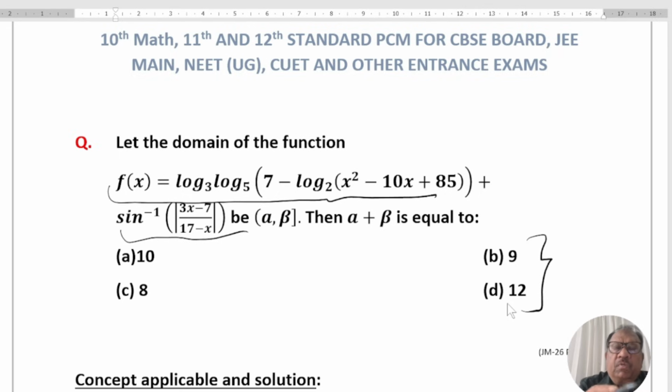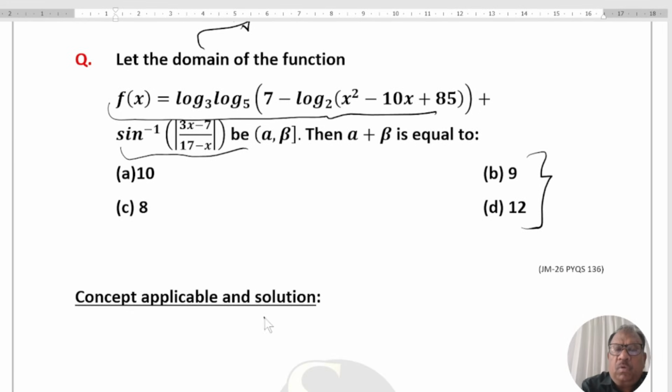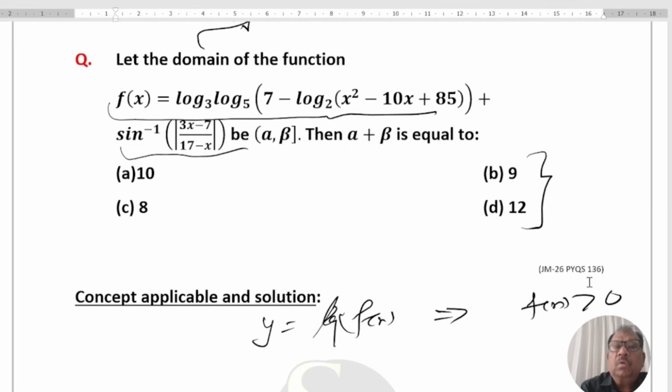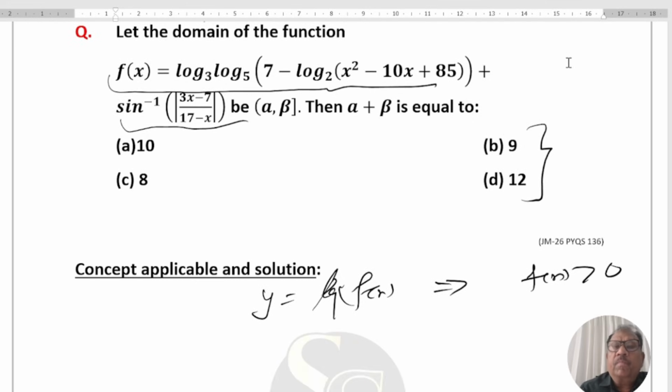In this case, first of all, the domain is the set of all values of x for which the function is defined. If y equals f(x), log of f(x) is defined if f(x) is greater than 0.